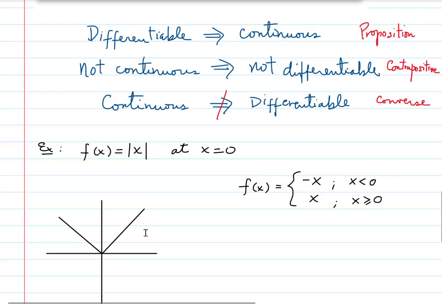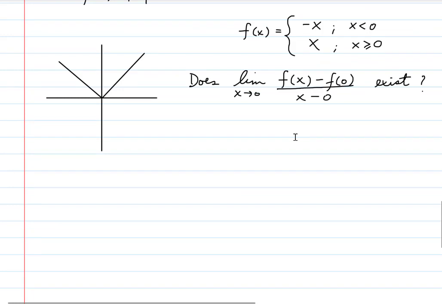Okay, so here's our example of an absolute value function, and we want to see what's actually happening at x equal to 0, right? Right at that sharp turn right there. Want to see if this function is differentiable there. Okay, so here we have an alternative limit of the derivative, and I'm using this so that I'm getting ready to look at the one-sided limits as x comes from the left and from the right.